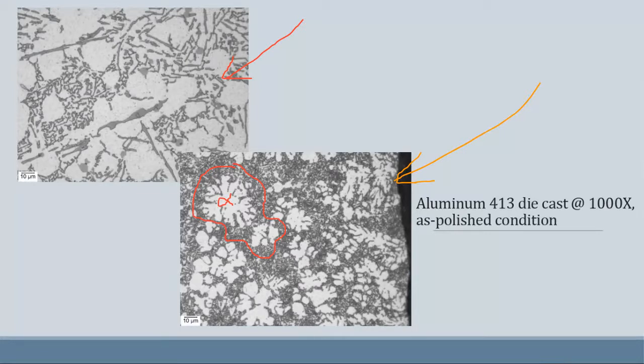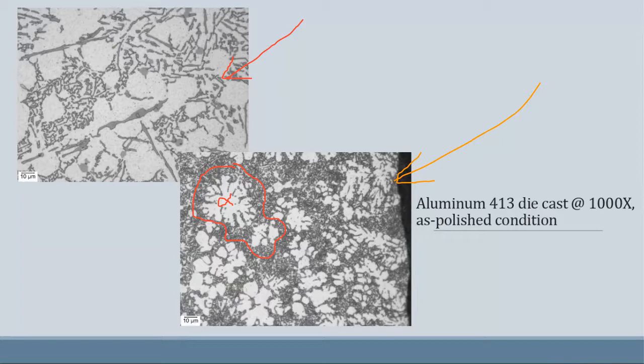When you look at the image at the top left, it's had some time to cool down because the cooling rates aren't so fast. You still have interdendritic eutectic silicon, and you also have acicular phase interdendritics as well.